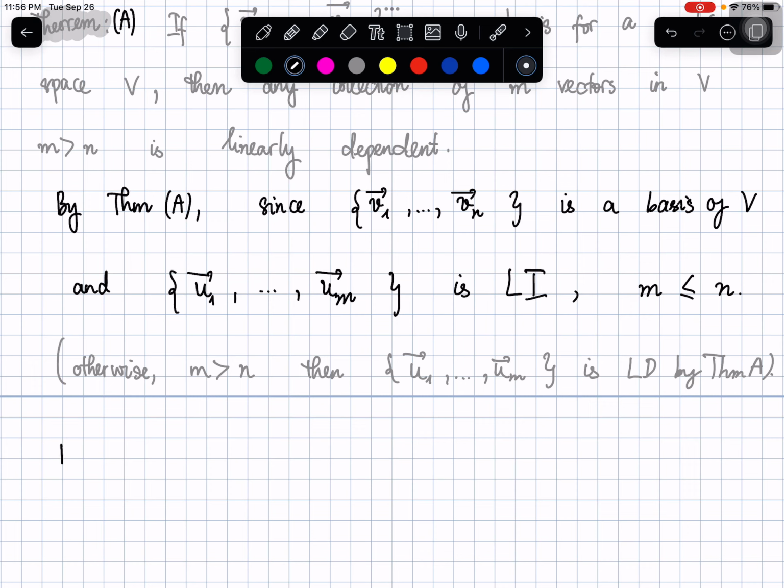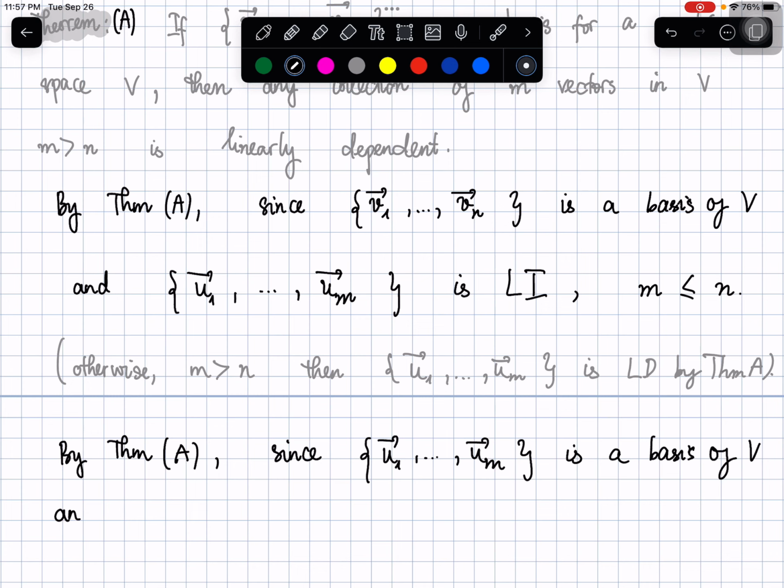Now similarly, by theorem A, since u1 to um is a basis of V and v1 to vn is linearly independent, we have n must be less than or equal to m, right?